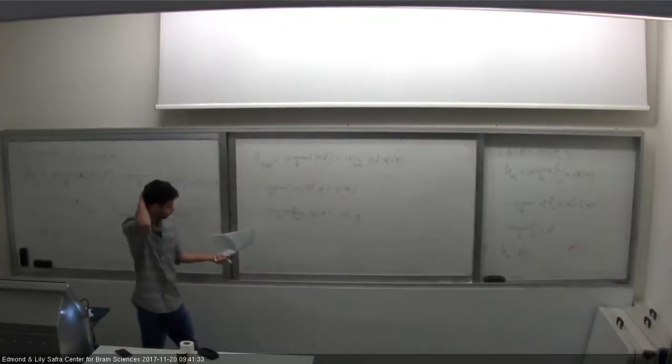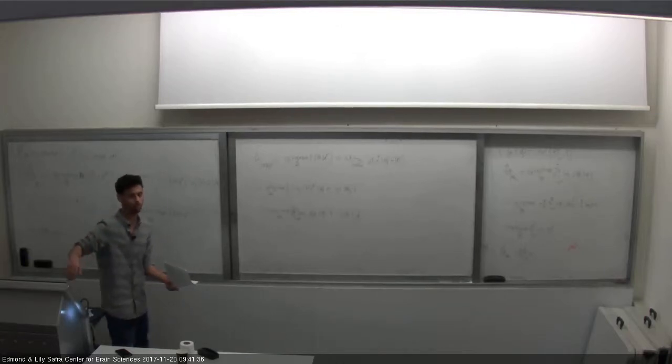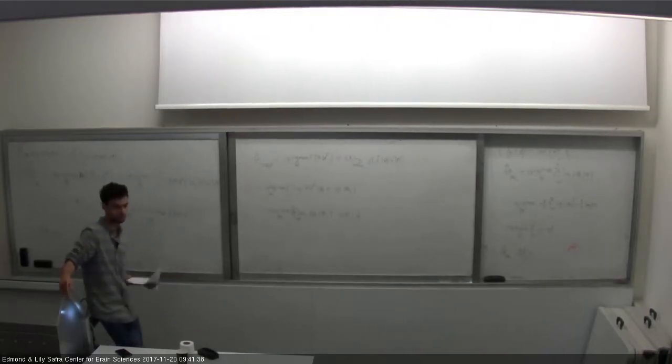And when n becomes bigger, and we get more and more observations, the MAP estimator converges to the maximum likelihood estimator. Okay?